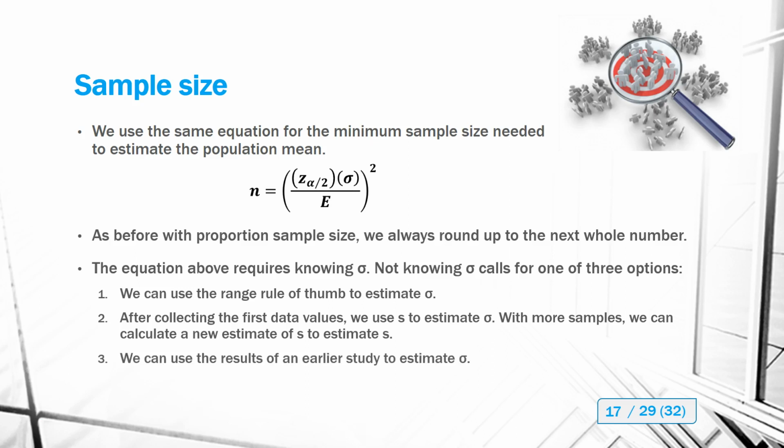We can also use the results of an earlier study, just as we did in the previous example. So there are different options, and depending on the context, some may be better than others. That is something you will determine only with experience. As you get experience working with this sort of thing, you come to understand which path you need to take.